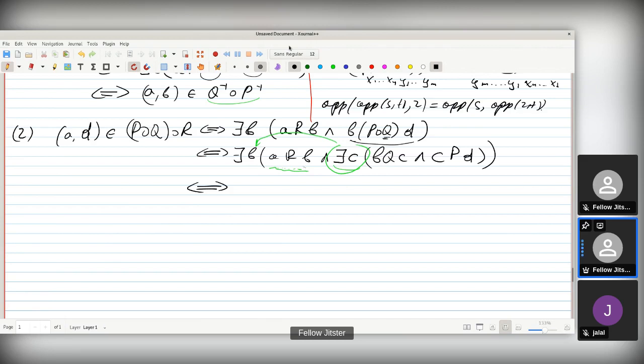This is equivalent to the following statement: today is Thursday and there exists such C that C is even. So I can freely move it out of the bracket because this part doesn't depend on C and obtain something like that.